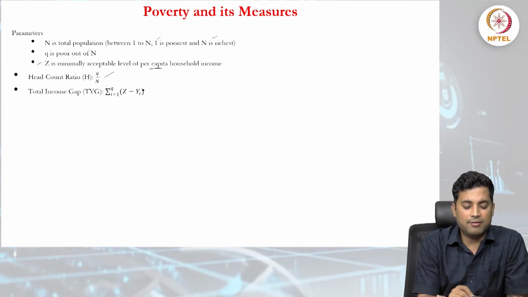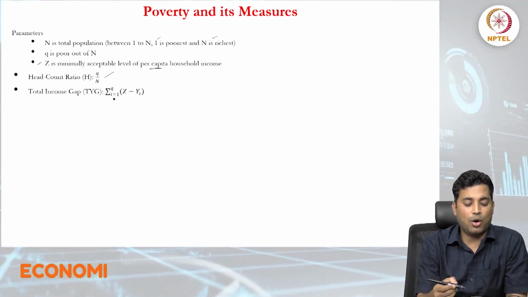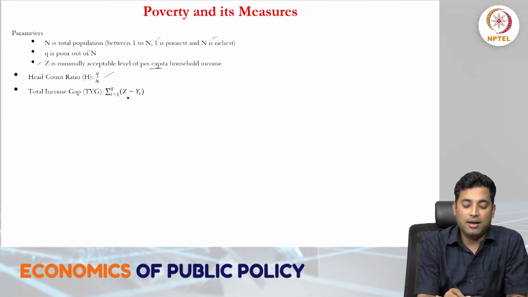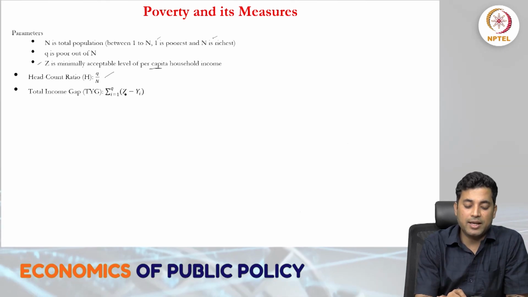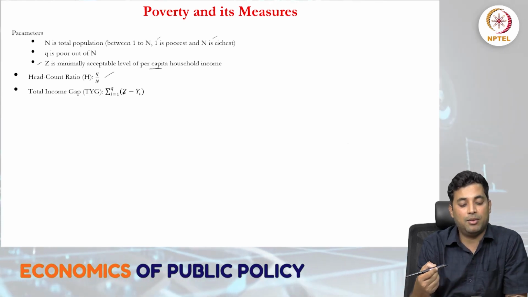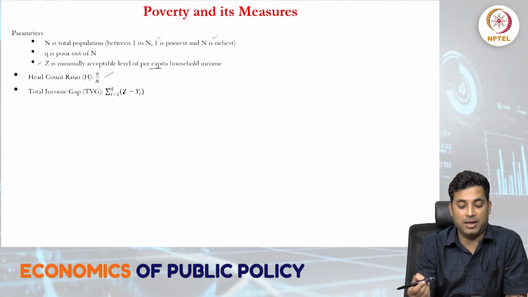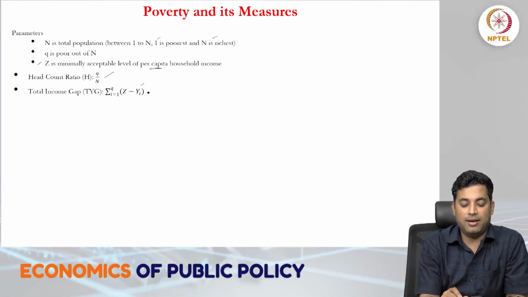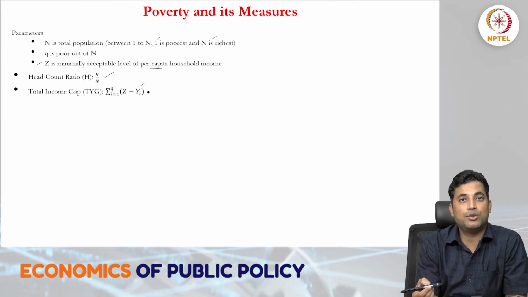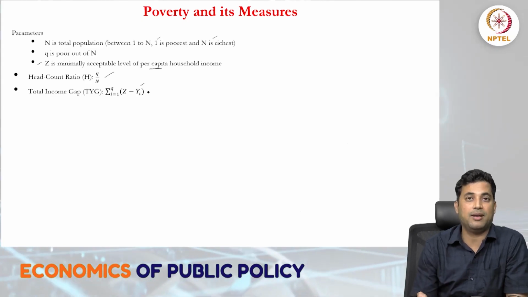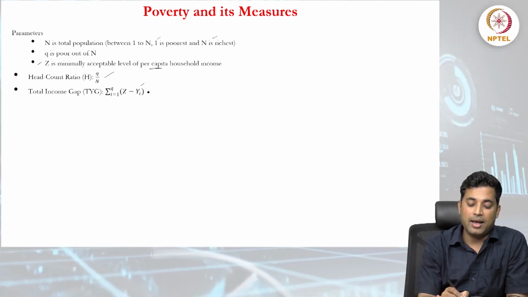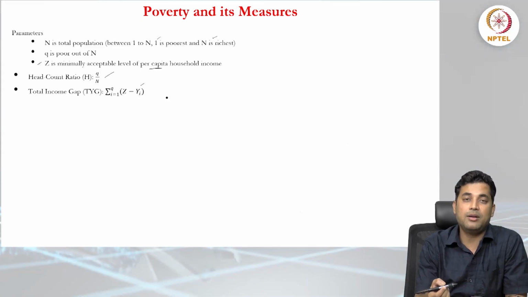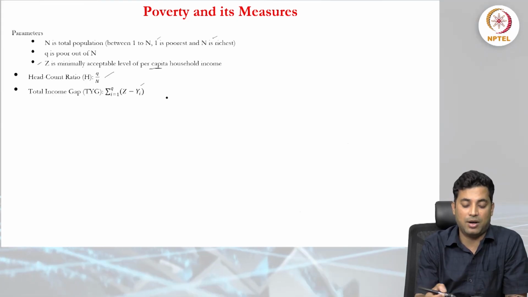Now let's understand the total income gap of households. Z is the minimally acceptable level of income, and Y is the individual household income, where i equals 1 to q, the q number of poor households.